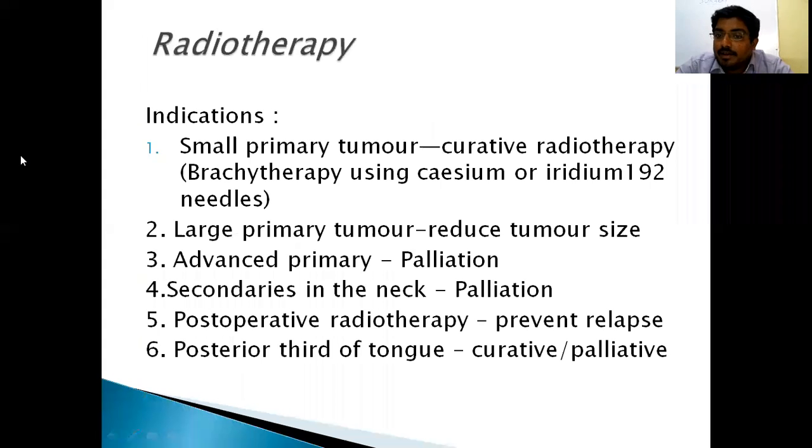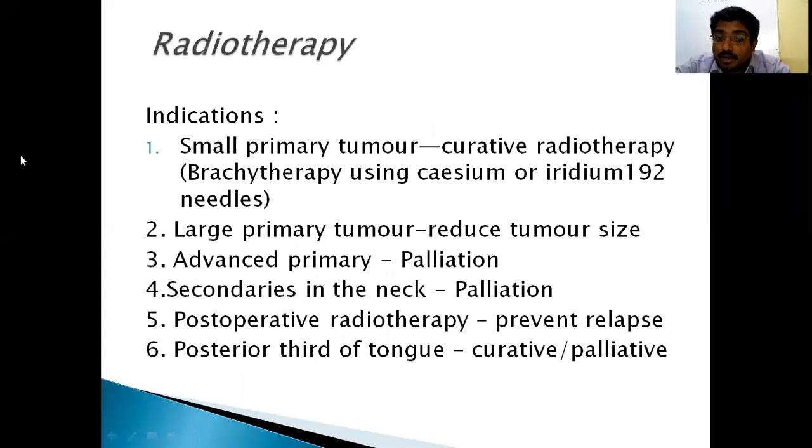And radiotherapy: if it is a small primary tumor, curative radiotherapy will be given. For a large primary tumor, radiotherapy is given to reduce the tumor, and then we will go for surgery. In advanced stage and secondary in the neck, palliative therapy is given, and post-operative radiotherapy prevents relapses, so recurrence will stop.